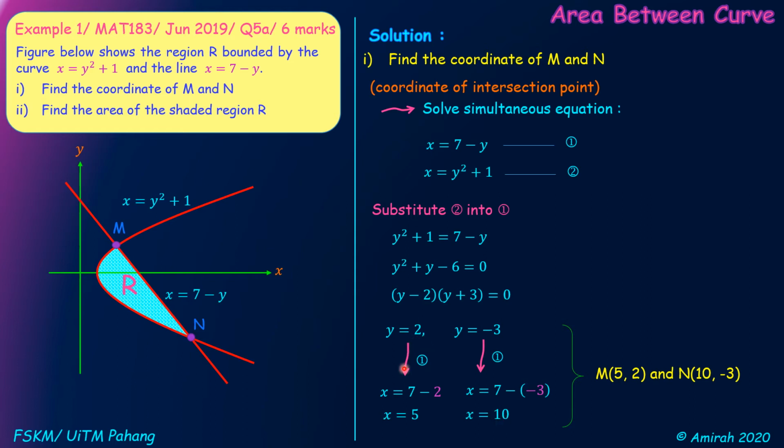And when x equals 5, y equals 2. When x equals 10, y equals negative 3. When we write coordinate, we must write x first, the value of x first, then the value of y. Alright. So this is coordinate of M and N.